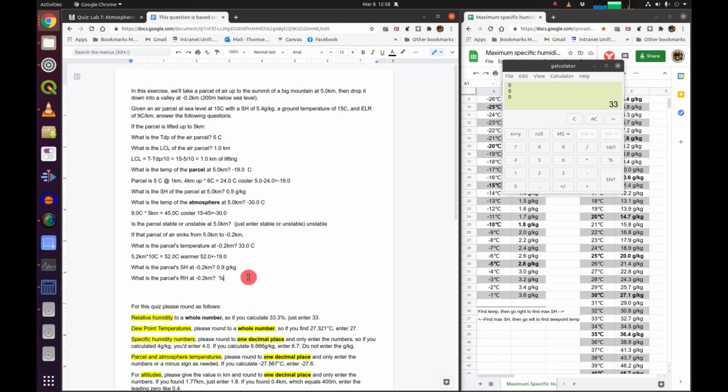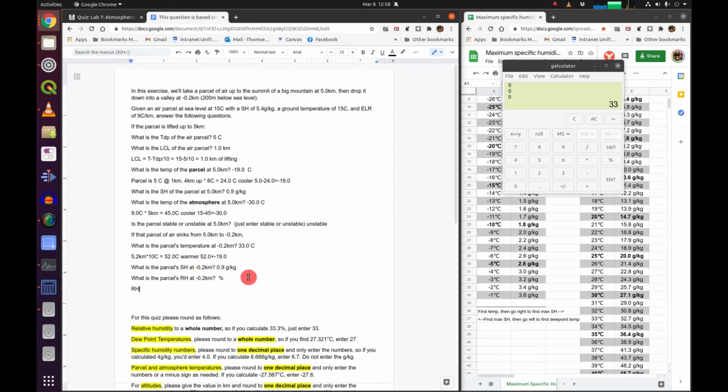So the relative humidity equals specific humidity, what you have, divided by max specific humidity, times 100. That equals 0.9 divided by, and the parcel is 33, so the parcel could have 32.7.